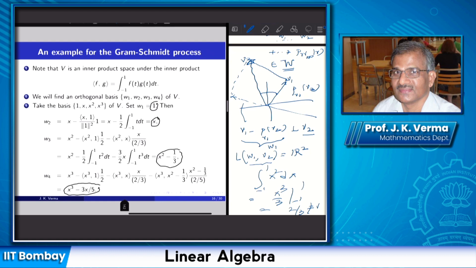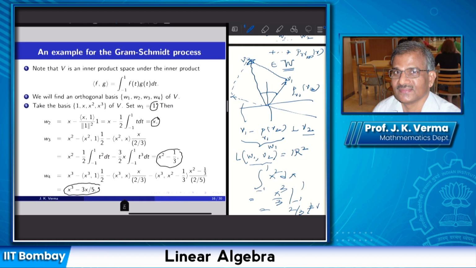We did this for polynomials of degree at most 3, but this process can be continued. You can take a vector space of polynomials of degree n defined on a closed bounded interval, then this forms an inner product space, and out of this basis of n plus 1 polynomials 1, x, x square, up to x to the n, we can construct a new set of polynomials which are mutually perpendicular. These polynomials that we get have a definite formula.